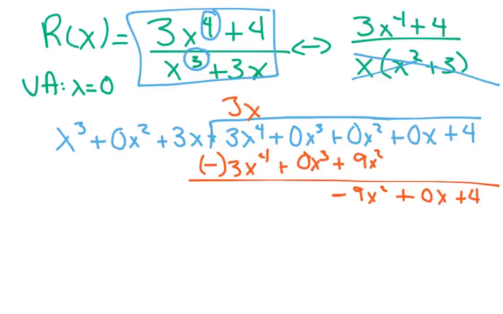Now at this point, we can't divide anymore because we already started with 3. So we're done basically. We don't have to do anything more. And our oblique asymptote is the line y equals 3x.